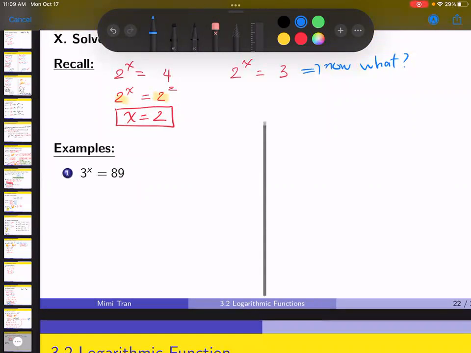Now, I'm going to take log base 10 of both sides. Remember how we're allowed to square both sides, things like that? We do the same thing. We take log base 10 of both sides. You're allowed to do that.